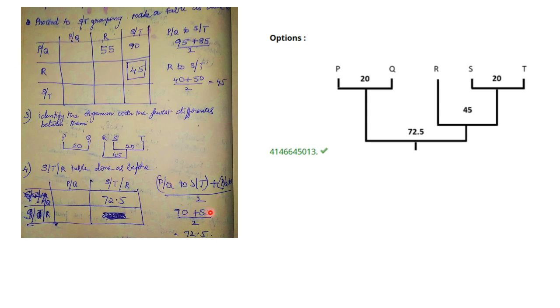So 90 plus 55 divided by 2 will be 72.5. That you have to draw as shown in the options, that is like this. So from R to PQ, that is 72.5. So the answer here will be option 1.